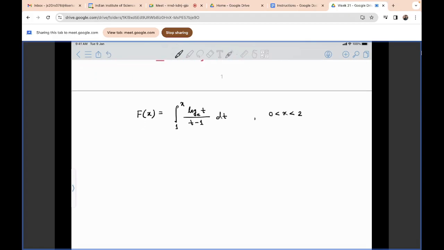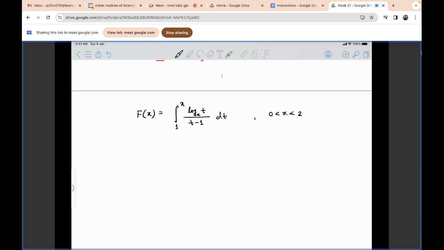We have to find the Taylor expansion of f. To find the coefficient of (x minus 1) to the power 5, you can differentiate 5 times, because the coefficient is the fifth derivative of f at the point 1 divided by 5 factorial.